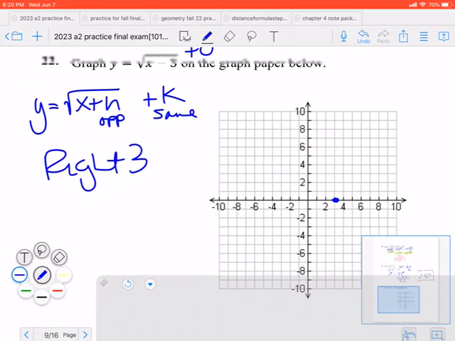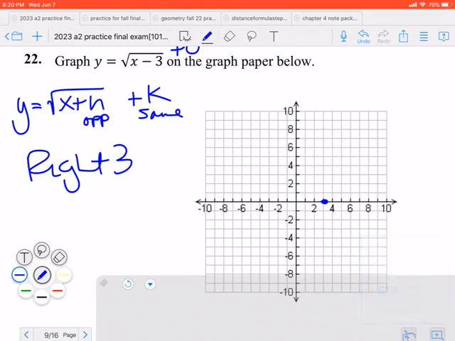And then the way you can pop it in your graphing calculator, or you can plug in numbers. So if I plug in a 4, because 4 is just to the right of 3, 4 minus 3 is 1. The square root of 1 is 1.